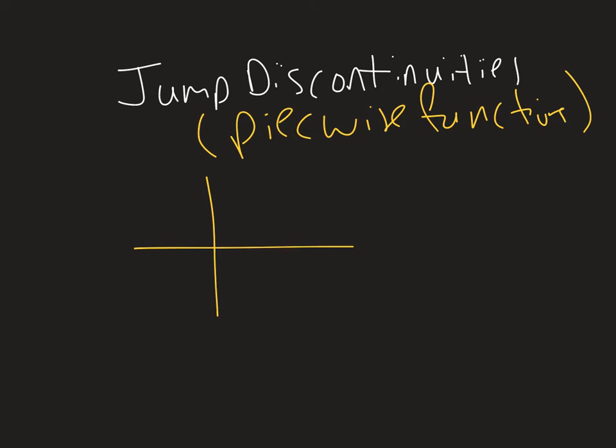What they would look like is if we have, say, a line, and then it jumps, and then it becomes a quadratic kind of thing. This jump is a discontinuity. The function breaks. I can't draw it all in one smooth arc. It's just something that happens sometimes with piecewise functions. It's not necessarily something to be concerned about, but it's something to be aware of.